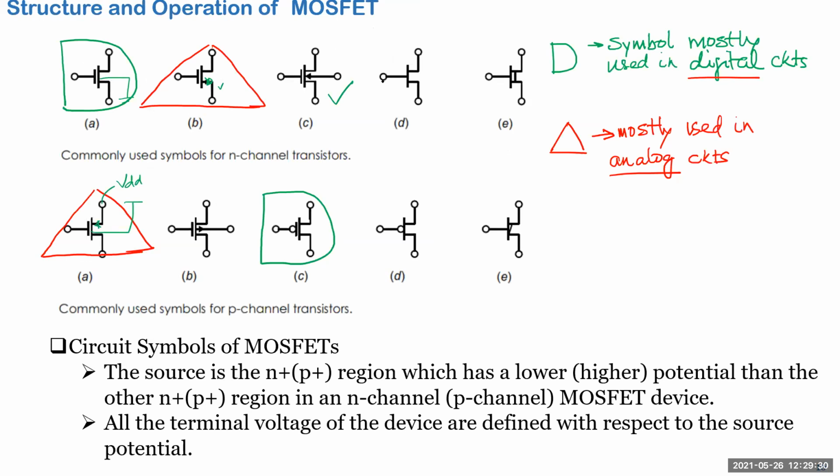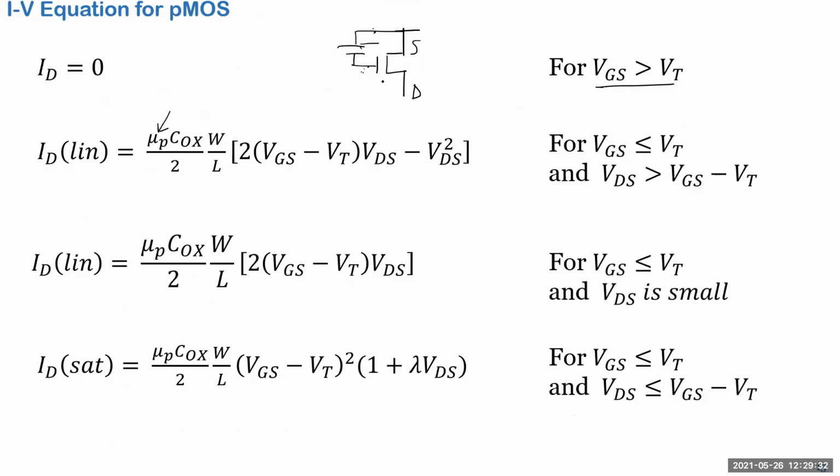Okay, I think I didn't write this correctly. This one should be less than VT, because VT is actually a negative number. VTP is a negative number. So when VGS is less than VT, that means this voltage is larger than the modulus of VT.